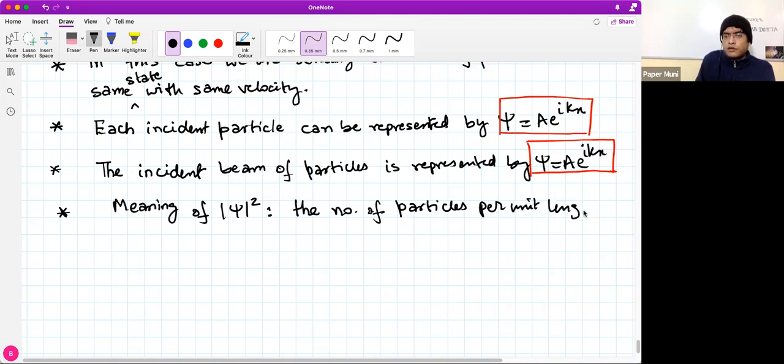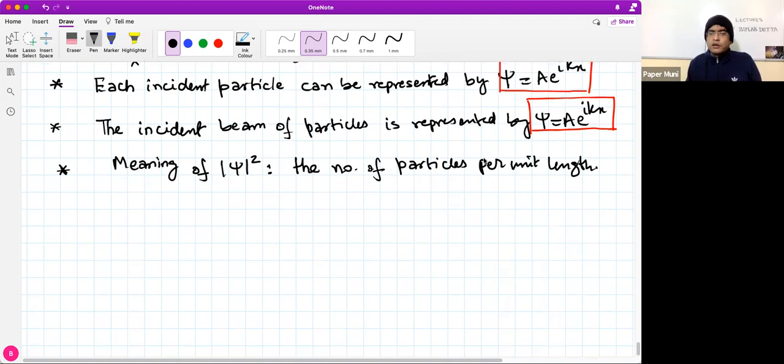When we use the wave function for the beam, we define psi mod square as the number of particles per unit length. So it's no more directly the probability. It is of course related to the probability of finding the particles, but it is not directly interpreted as that. We'll also see what a probability current is, and in that case you will understand better what it means.